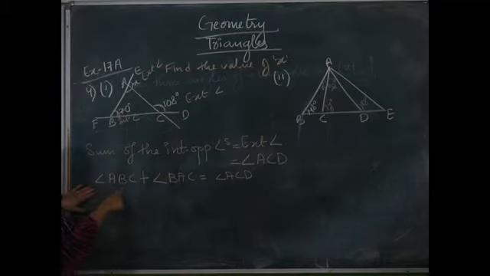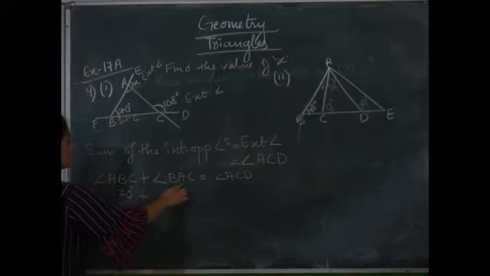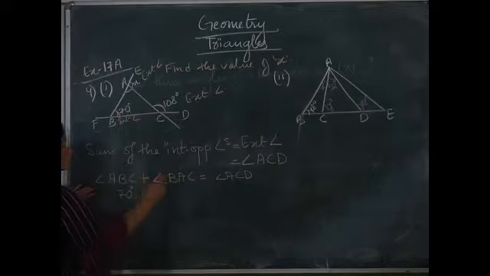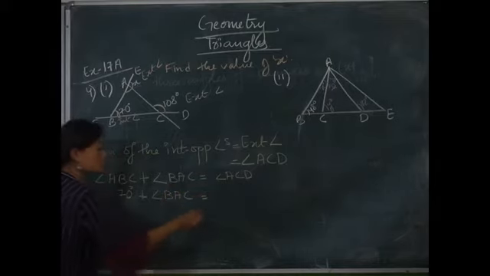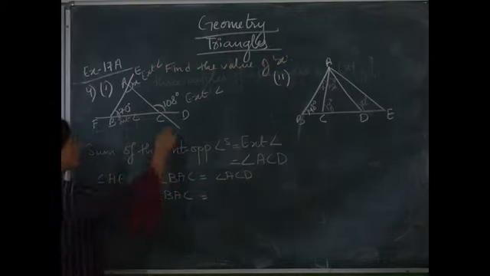Now what is the value of ABC? This angle is given as 70 degree. Angle BAC, we don't know this angle. So first we need to find this angle in order to find the value of x.